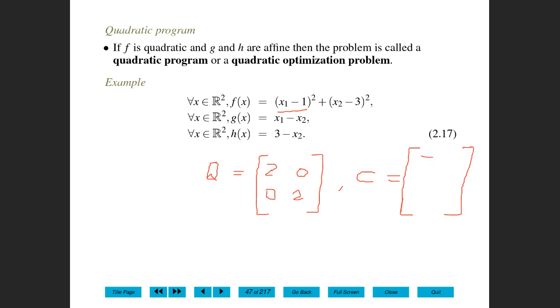That means the coefficient is minus 2, and from the other one it will be minus 6, because you will get minus 6x2, right? So this is how you can get the standard form.